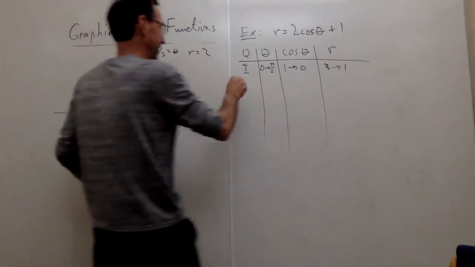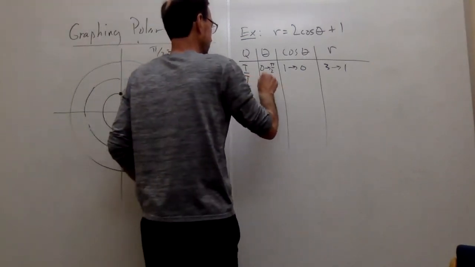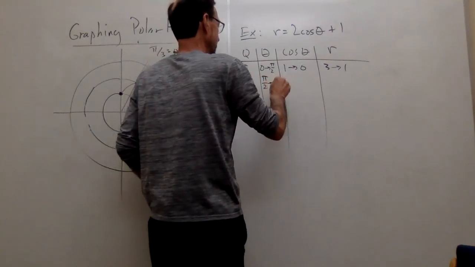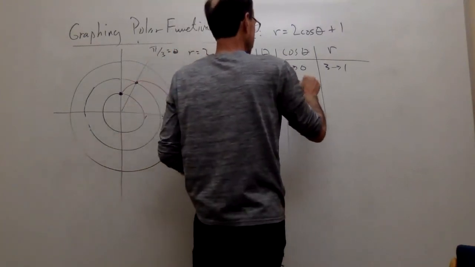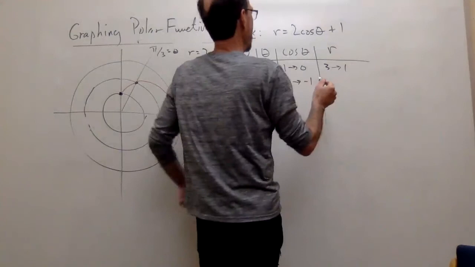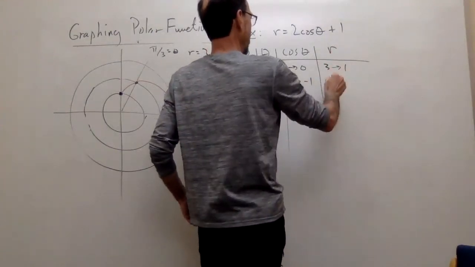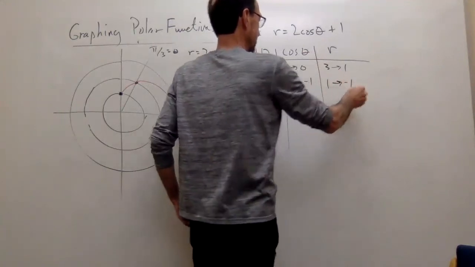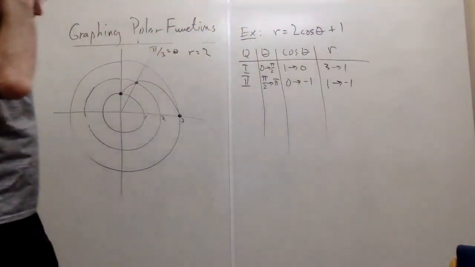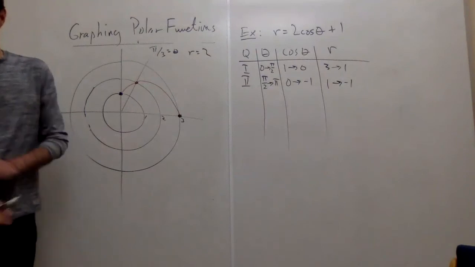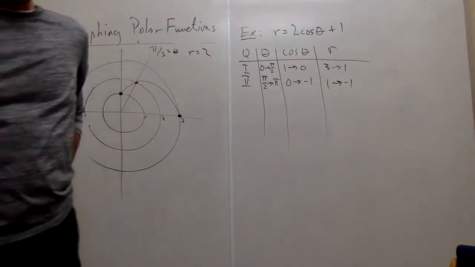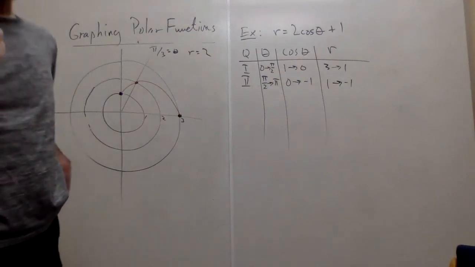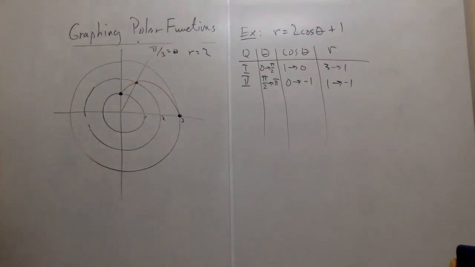Quadrant 2. Pi over 2 to pi. Cosine goes from 0 to -1, and therefore r goes from 1, if cosine is 0, to -1. Interesting. So in quadrant 2, the function goes from positive to negative.